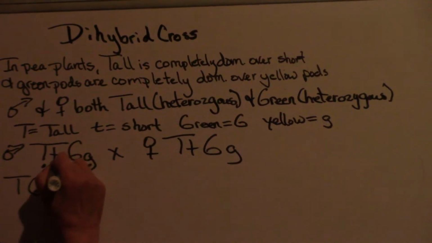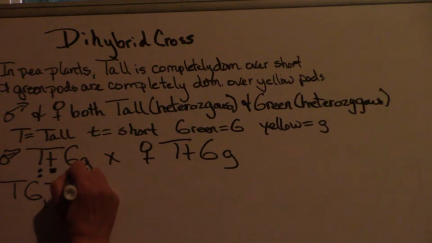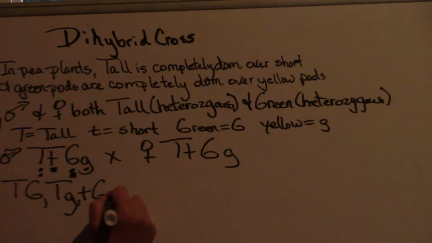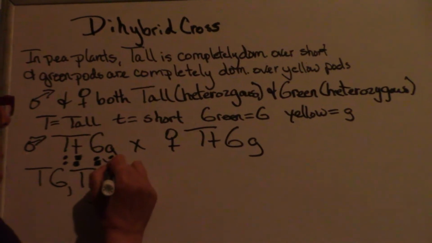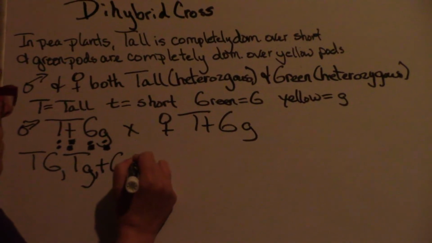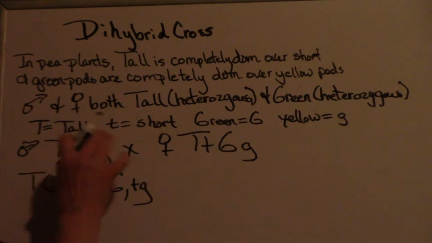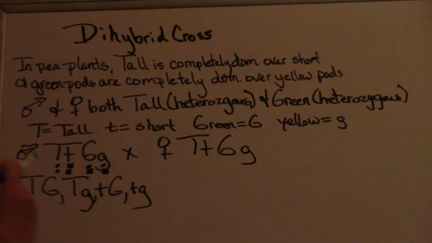Then I take the little t and put it with the big G, and the little t with the little g. Alright? So those are all the possible combinations of the T's and the G's.